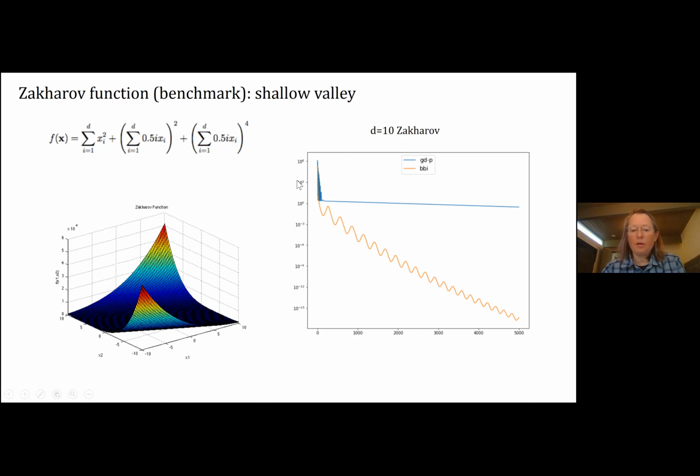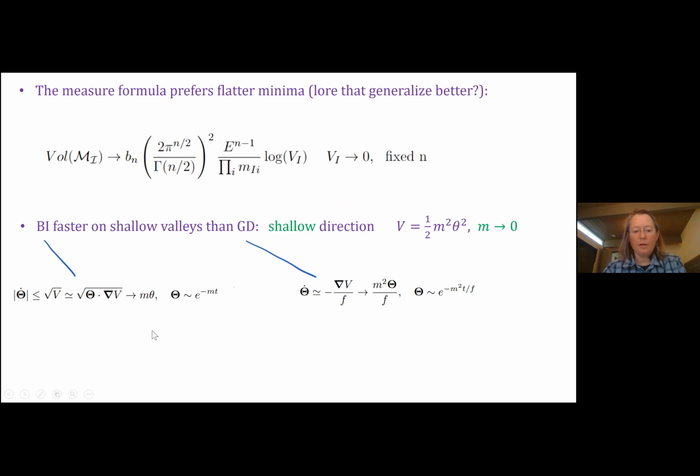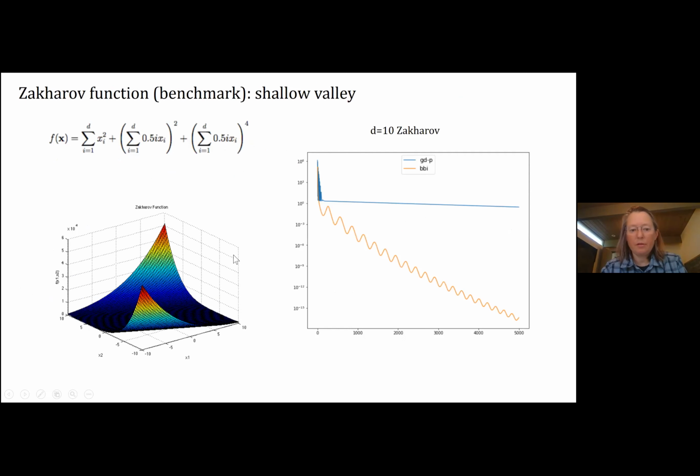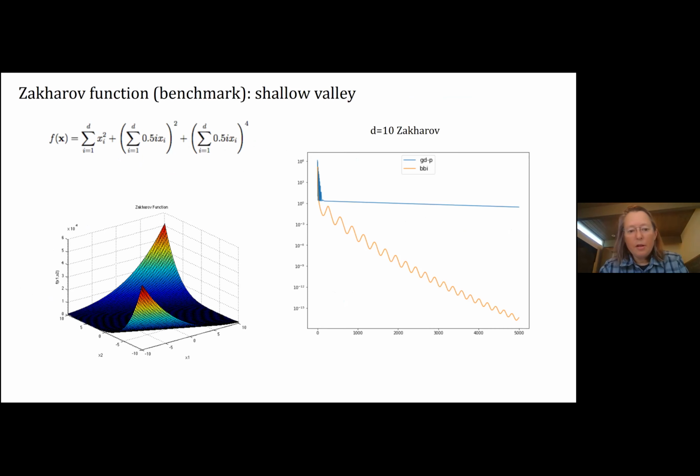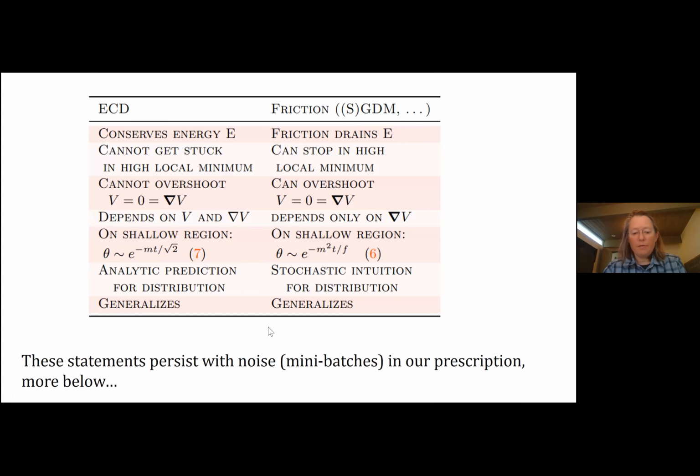So that is an experiment that is testing this kind of setup, this kind of idea, I mean, the theoretical result to do with shallow regions. So here's a table of the differences.